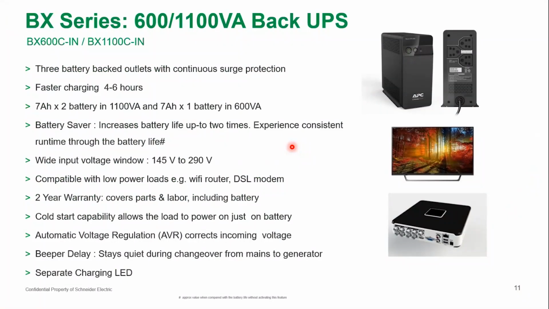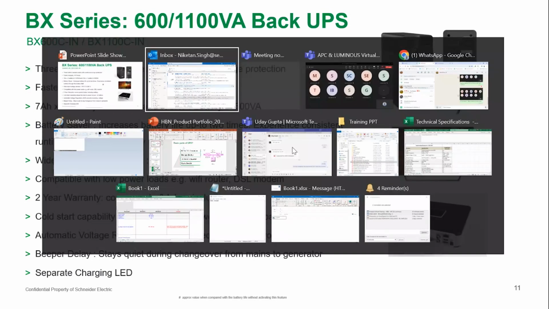So these are the models we have within 600 and 1100. We have the BX series. The BX 600 has one 7 Ah battery, and the BX 1100 has two 7 Ah batteries.